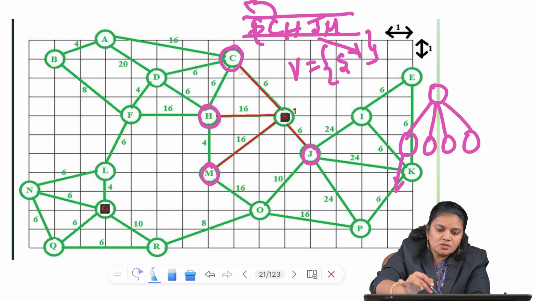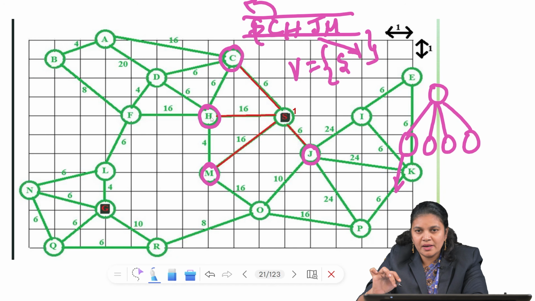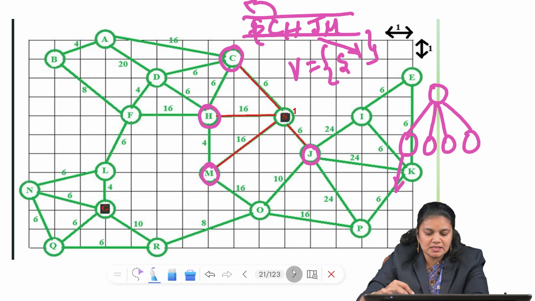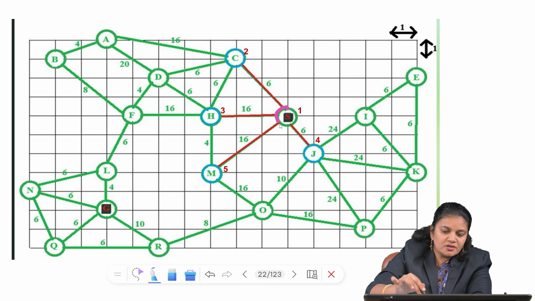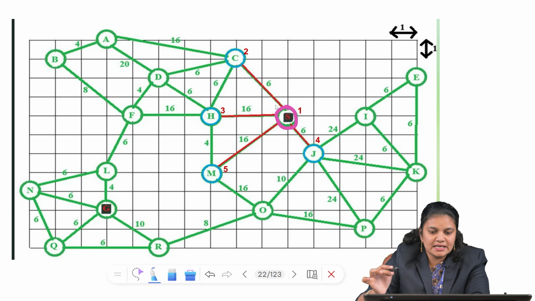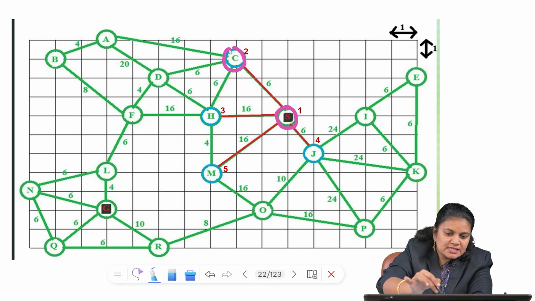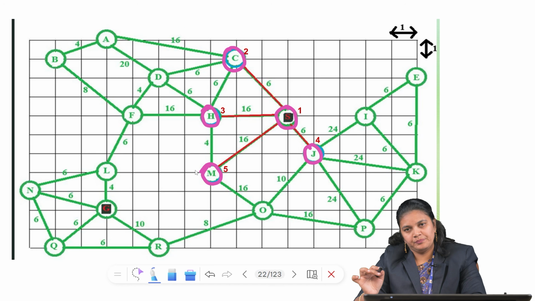We have 4 nodes C, H, M, and J, but I have written it in the order C, H, J, and M. When more than 1 node is coming, we are going to follow alphabetical order for exploring the nodes. So that's why it is mentioned like this. So the first node that we visited is S. The second node is C. Third node is H. Fourth node is J. And fifth node is M.